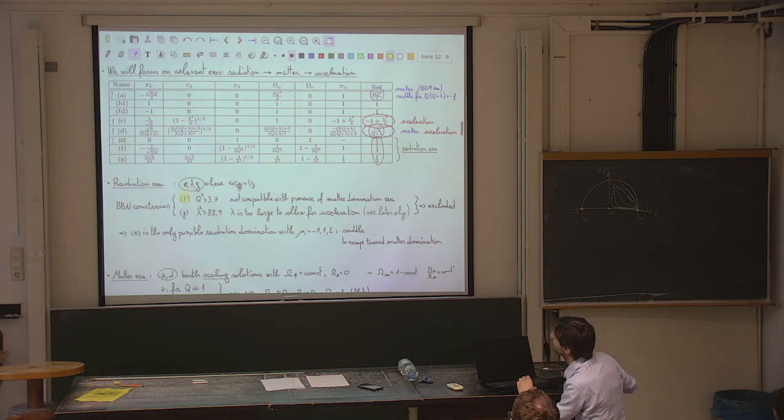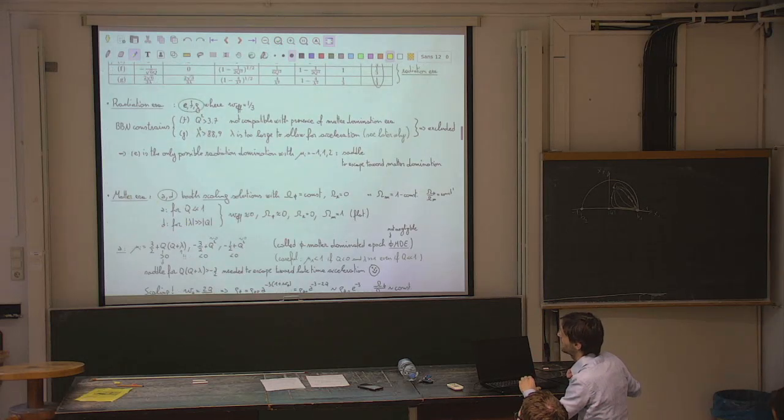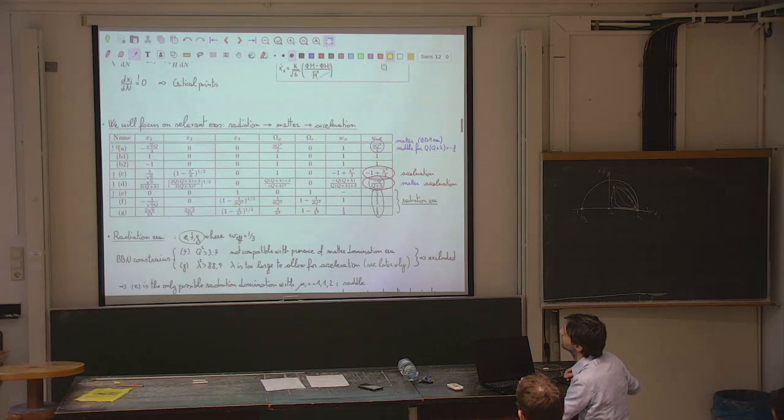Our epoch is E. That's the nice one. Then we can move on. Our universe evolves, and we enter a matter era. The two critical points responsible for the matter era are the points E and D. So this one and this one.